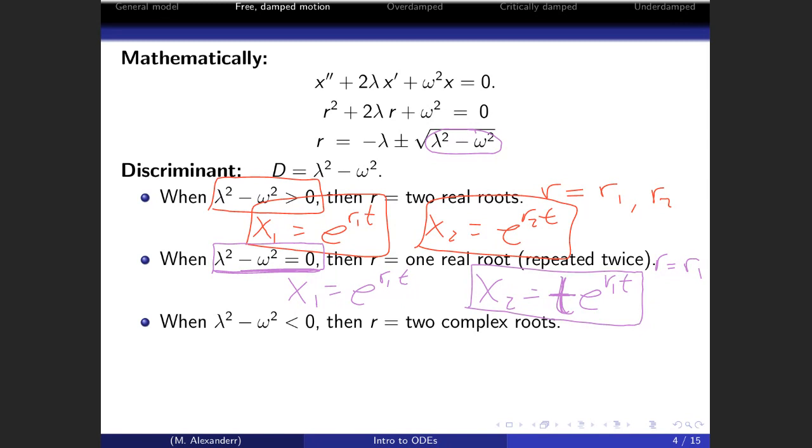Now the third case will be a little bit more involved. You have the discriminant, the thing under the square root, to be negative. In that case, you're going to get two complex roots.